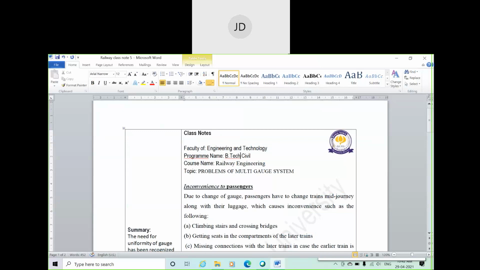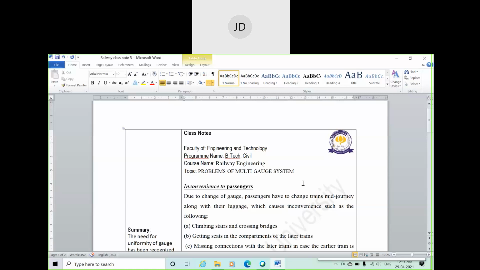So we are going to discuss the problem of multi-gauge system. In the previous class we already discussed different gauges. In India we use broad gauge, meter gauge, and narrow gauge.